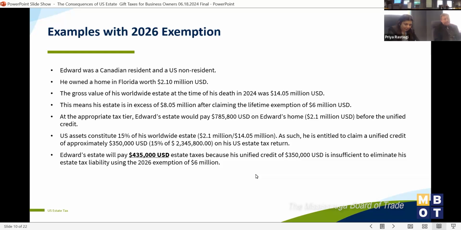Well, one of the solutions we're going to talk about, and one I thought would be relevant to elaborate on, is that we'll go through the solutions in order of simplicity. A lot of people, if they're elderly, we have a lot of clients that move their US situs assets into a corporation that's in Canada. If they're not a US taxpayer, then the Canadian company owns it and it doesn't die.